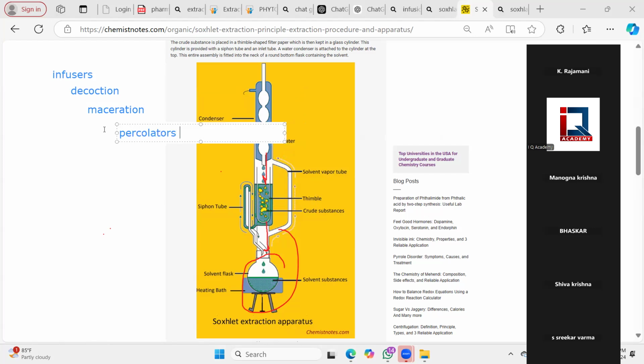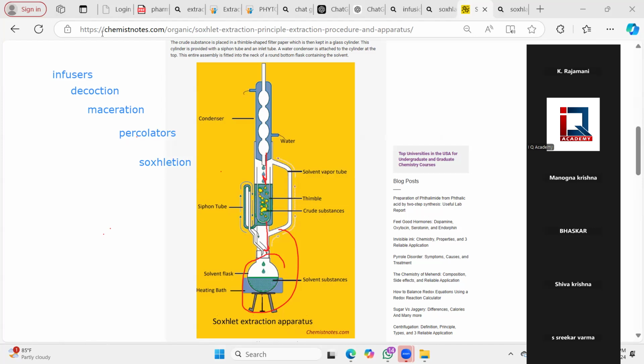Percolators are generally used rather than Soxhlet. So these are the different techniques of drug extraction: infusion, decoction, maceration, percolation, and Soxhlet extraction.